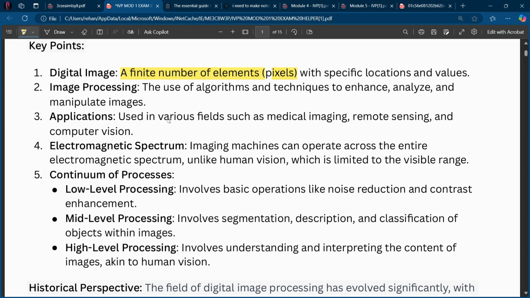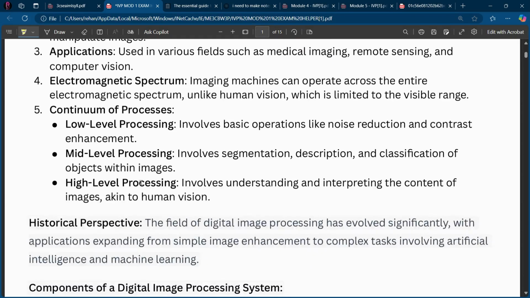Electromagnetic spectrum: imaging machines can operate across the entire electromagnetic spectrum, unlike humans. Human vision cannot see every wave properly, but machines can see all the wavelengths in the spectrum. Then the continuum of processes: there are three levels, low, mid, and high. Low level is for basic operations, noise reduction and contrast enhancement.